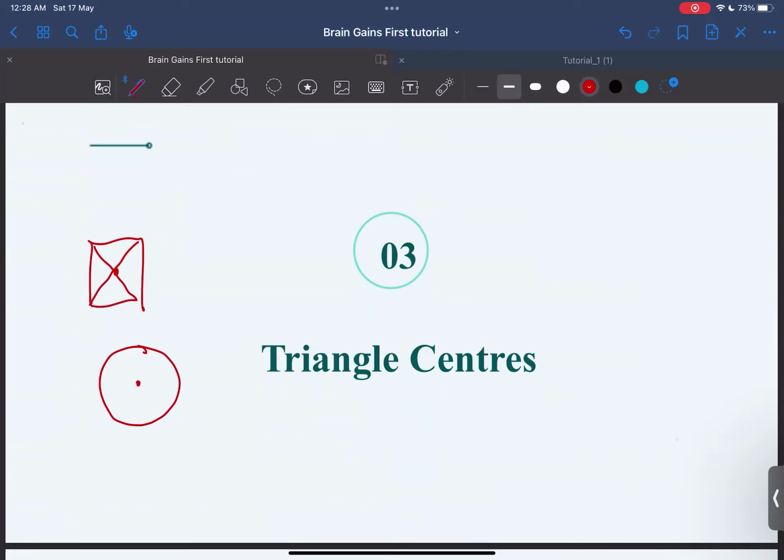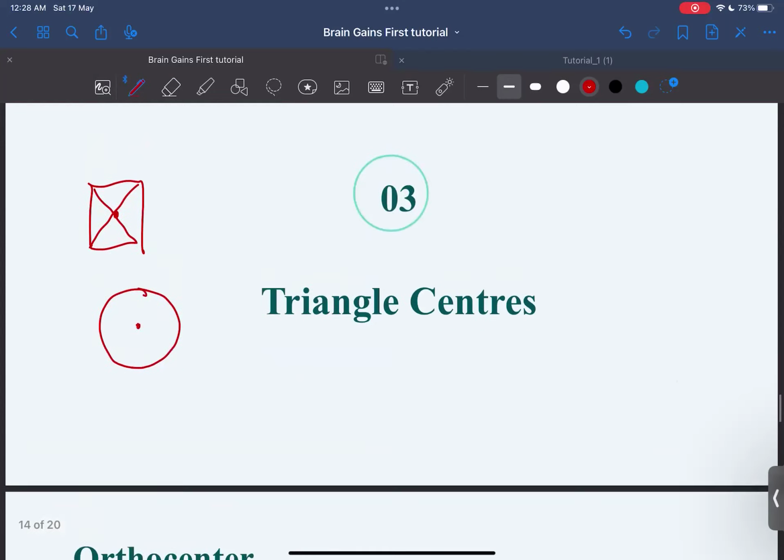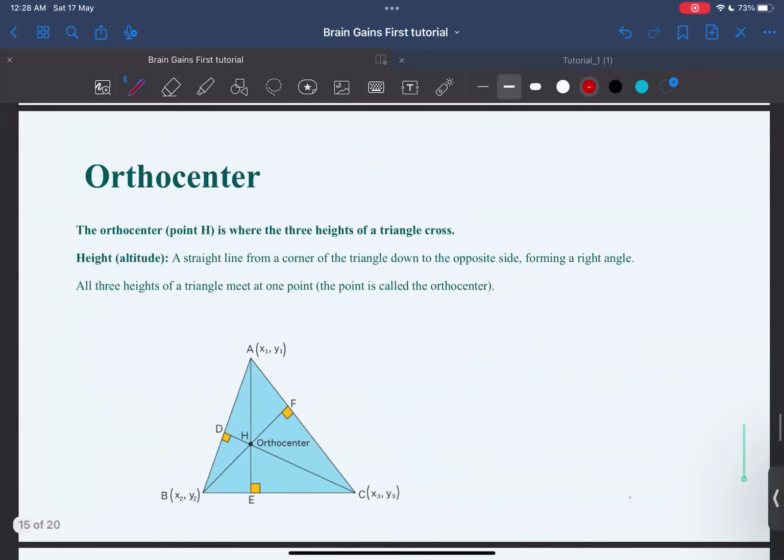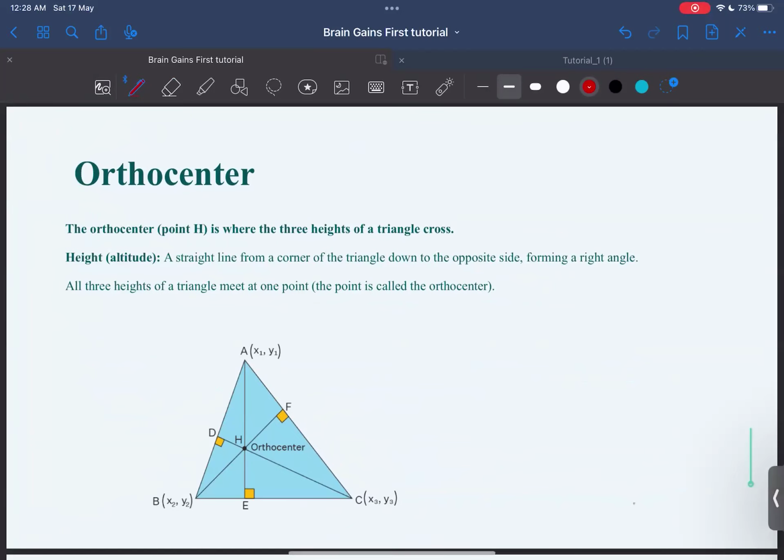For a triangle, there are a lot of different types of centers, and they're all interesting in their different way. Yeah, and they all have different definitions. It's not really just what you would think of as a center, but I think it makes more sense after we go into it.